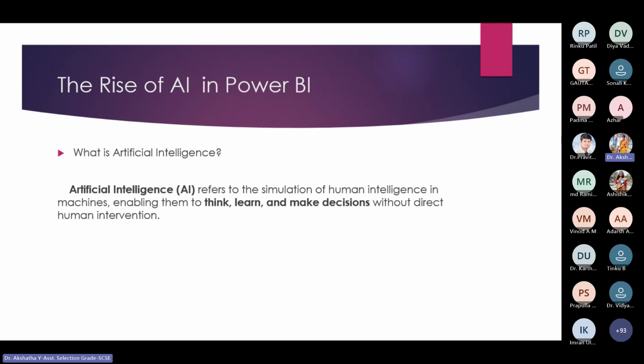AI can be divided into narrow AI and general AI. Narrow AI is specially designed for a specific task, like Siri and Gemini. We call it narrow AI, also sometimes called weak AI. General AI is AI with human intelligence, capable of performing any intellectual task, but it is still a theoretical concept.